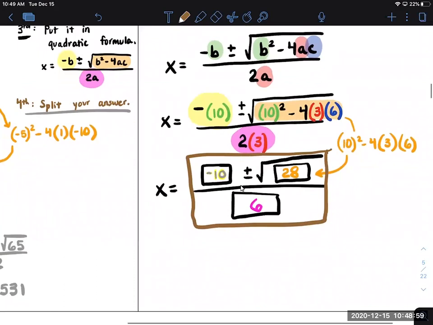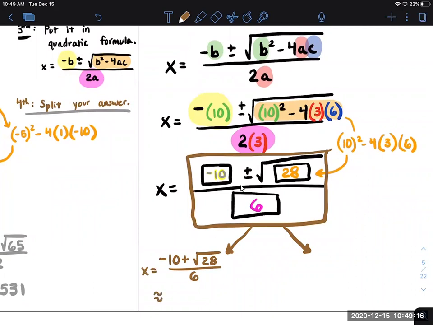Now to get your approximate answers, remember you have to split these apart. One with a plus, one with a minus. Put it in Desmos. So negative 10 plus square root of 28 divided by 6. You would put that in Desmos and you would get approximately negative 0.784.